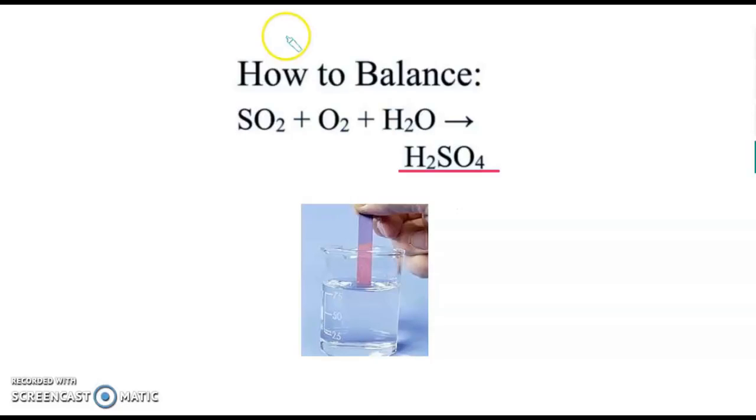So what happens when a non-metallic oxide reacts with water? It gives you acid. So when you test with litmus paper, the blue litmus turns red. That means acid is being produced. So this is how a non-metal reacts with oxygen.